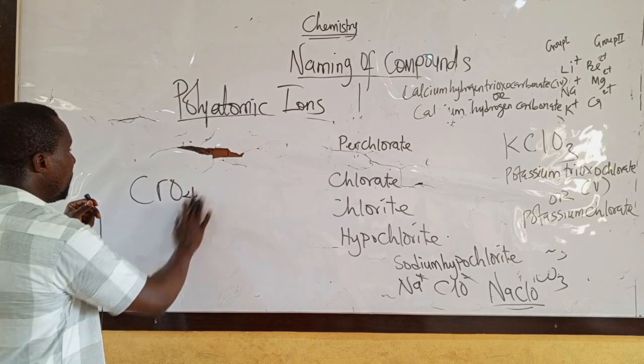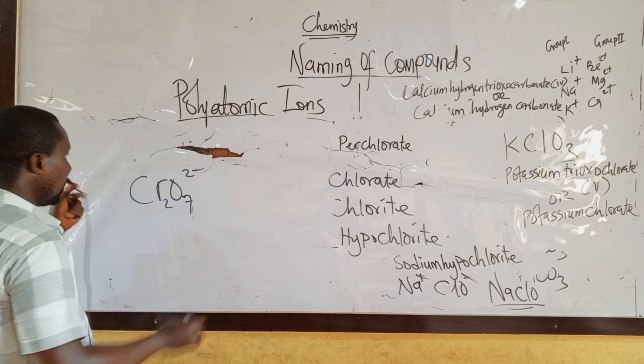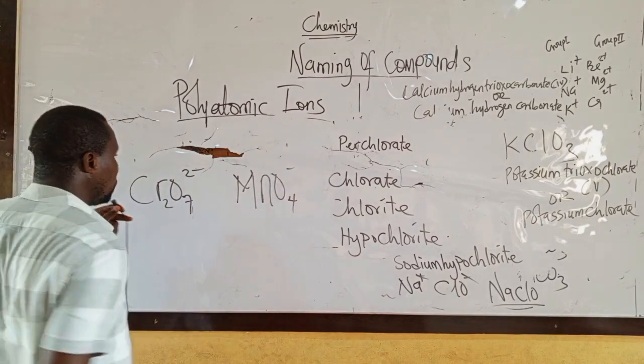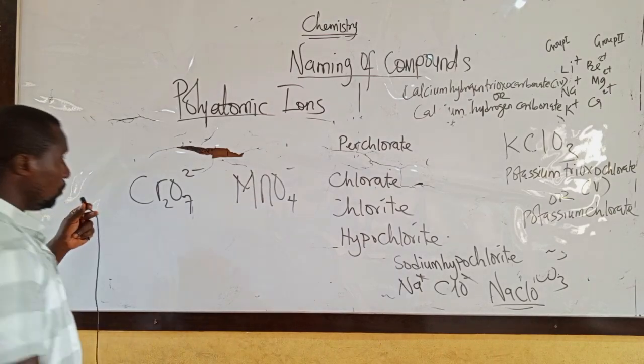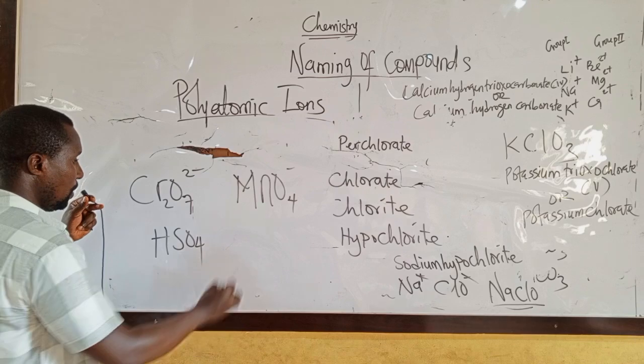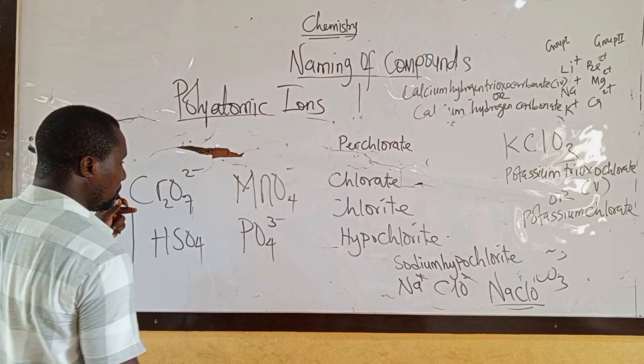Try this one when you have CrO4, Cr2O7 2 minus, MnO4 minus. You can try this at home. You can try this: HSO4, PO4 3 minus.